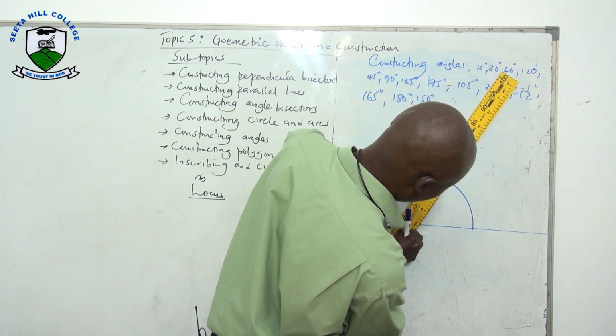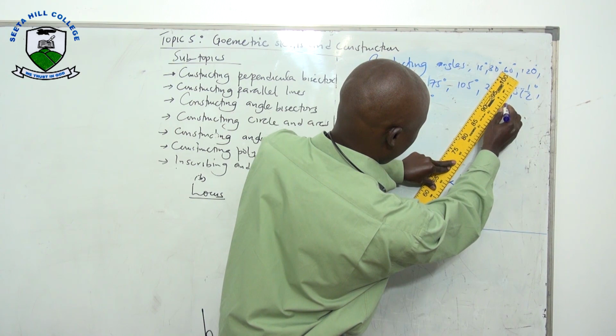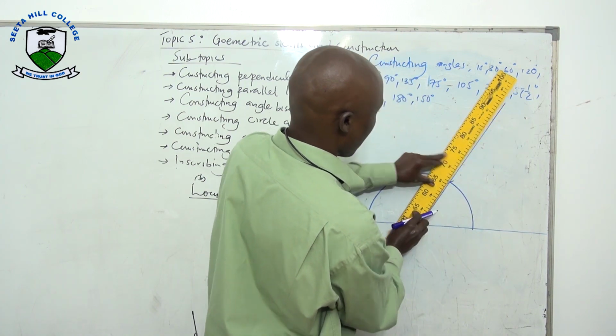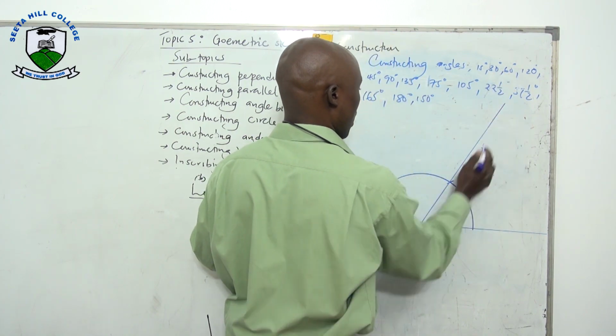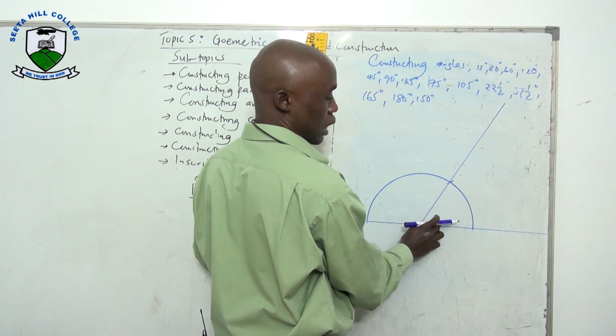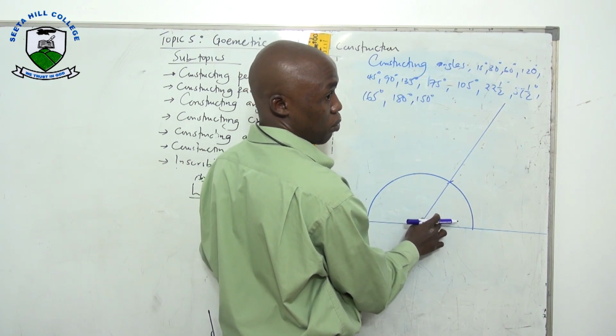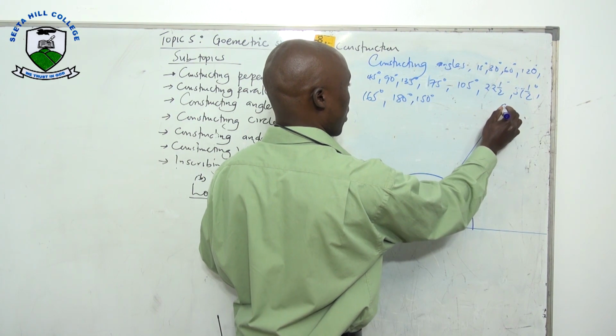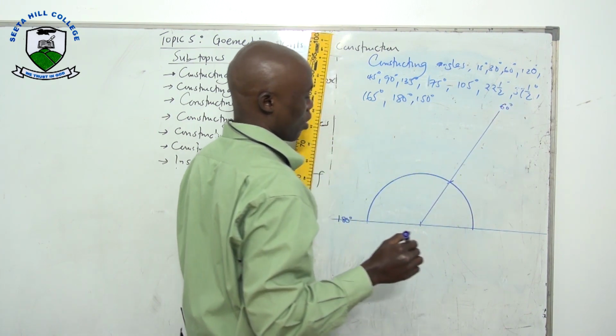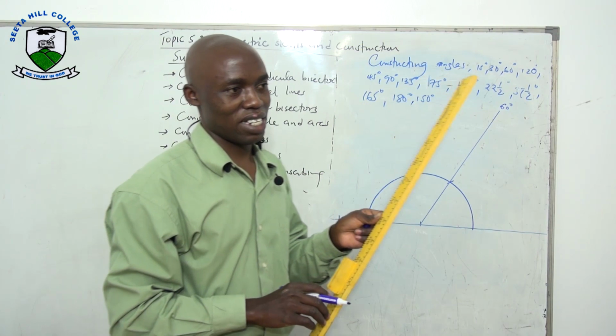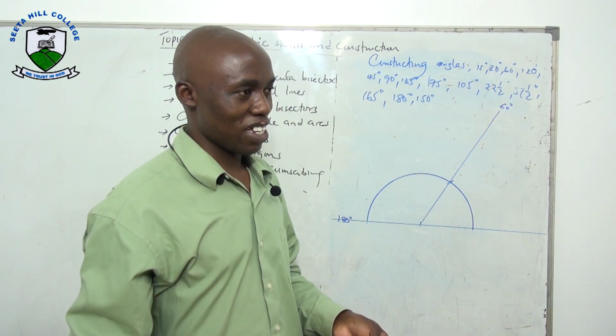Okay, 60 is good. Now we label it. We are supposed to label inside, but because I'm adding many angles, I'll just label on the line. The next one, which angle is automatic? 30. I bisect.